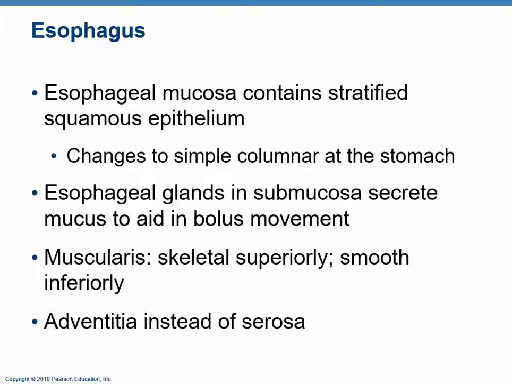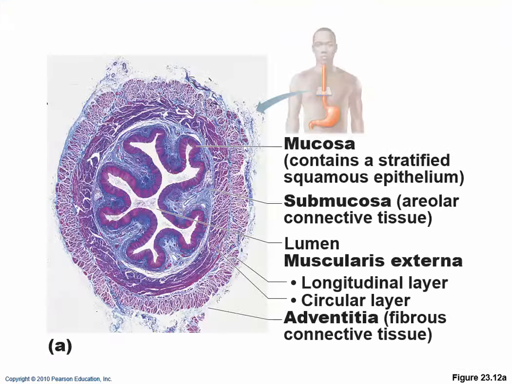It moves along. Now, there is an adventitia because this is embedded in other tissues. The adventitia is a connective tissue layer rather than a serosa. It ends up looking like this, very highly developed muscle with the connective tissue and adventitia around it.